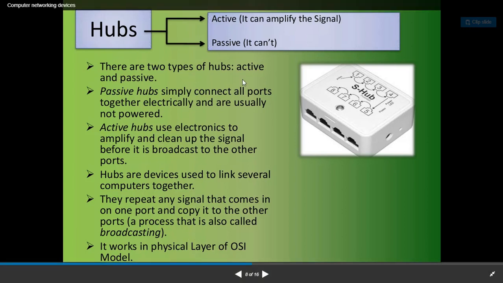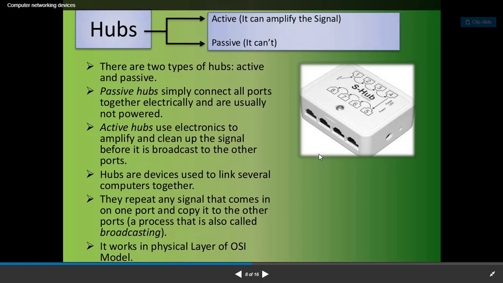There are two types of hubs, active hub and passive hub. I have already discussed it. And hubs are the devices used to link several computers. I also have discussed this. They repeat any signal that comes in one port and copy it to the other ports, a process that is called broadcasting.